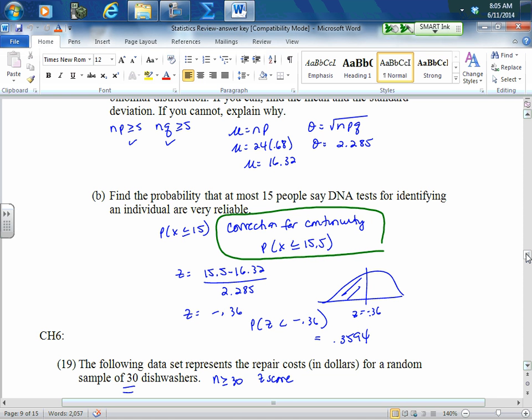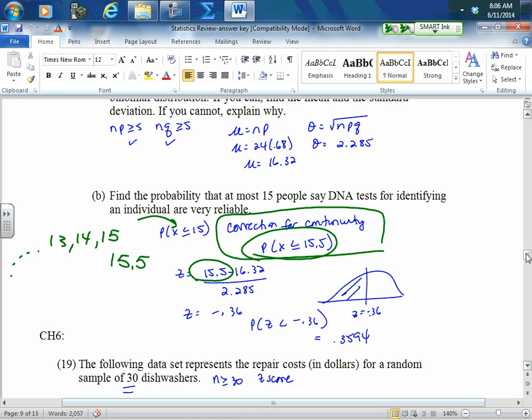If it says the probability that x is less than or equal to 15, we could have 15, 14, 13, and so on. Remember how we did this? If it was the high end, we added 0.5. And we put that in your statement. And we use that over here. Slightly different answer.